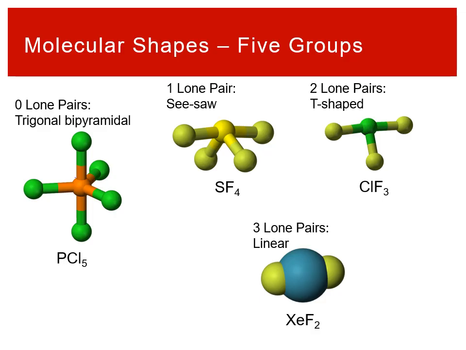When you have 5 groups, electron pair geometry that's trigonal bipyramidal, there are 4 possible shapes based on having 0, 1, 2, or 3 lone pairs. PCl5 is an example. That's a trigonal bipyramidal shape. Just like previously, when there's 0 lone pairs, the molecular shape matches the name of the electron pair geometry. 1 lone pair gets you a seesaw, which is literally because it looks like a seesaw, with one person sitting here and the other person sitting there.